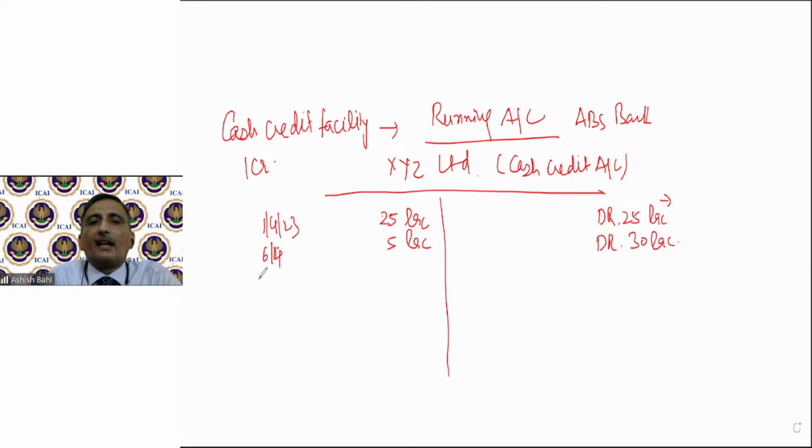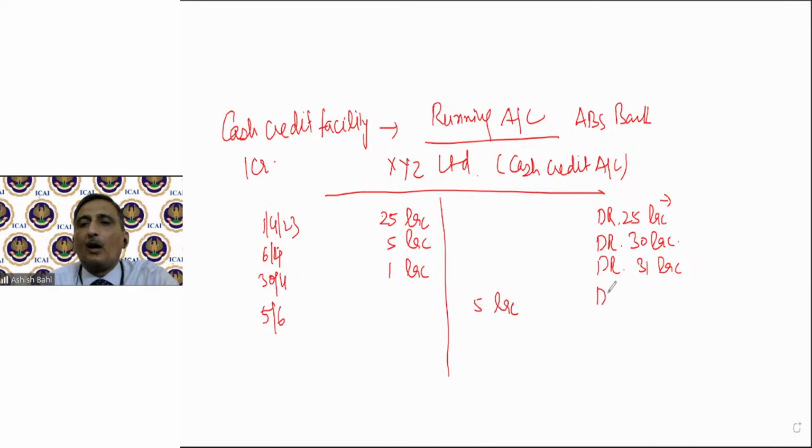Say on 30th April, an electricity bill of rupees 1 lakh has to be paid. So now the amount would be 31 lakh. Say on 5th June, some payment has come in the account of the company. Some debtor has paid, say 5 lakh. So now the amount would be 26 lakhs.